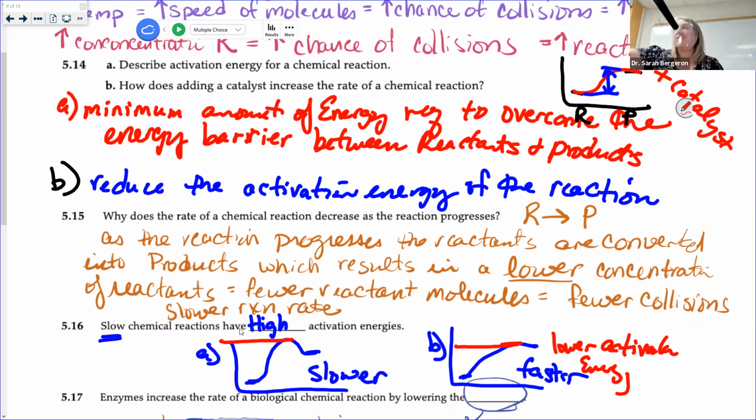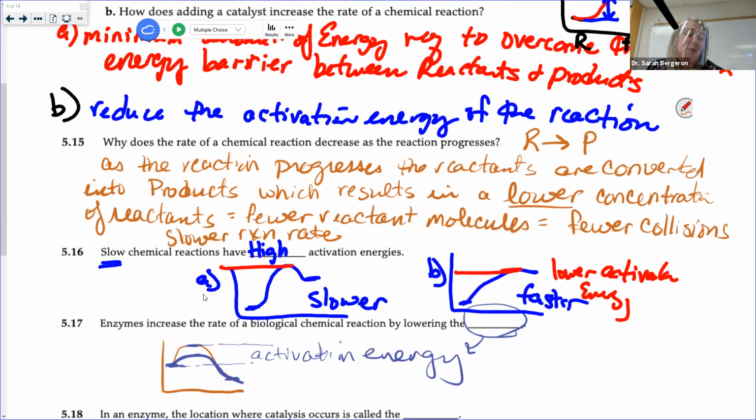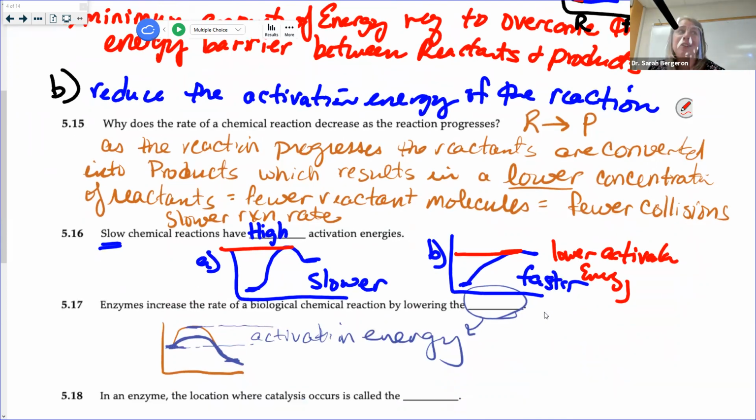So I have a higher activation energy for A than I do for B. Yes, correct. So the higher the hump, the higher the activation energy, the slower the reaction goes. The lower the hump, the lower the activation energy, the faster the reaction goes.